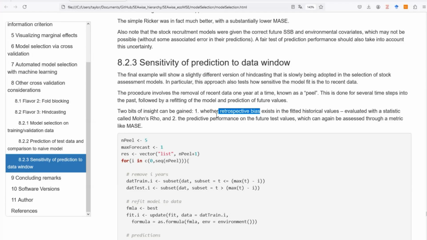But then I'm taking these refit models and I'm also predicting into the future. I'm just doing it for a single year in this case. But therefore we get from the historical refitting this metric called Mohn's rho, which is this retrospective bias metric. And then I'm using the MASE to look at the predicted variability.